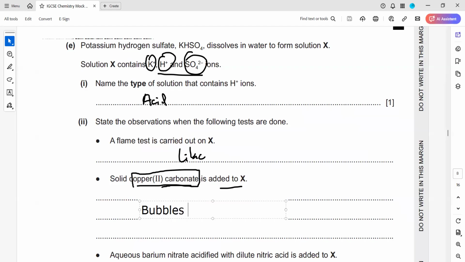Fizzing is also correct. And then it will form a blue solution, because copper sulfate is blue in color. So it will form a colored or blue solution, and the bubbles because a carbonate is reacting with an acid.